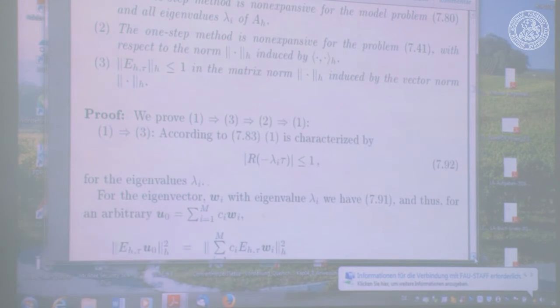But here we have seen that this is equivalent, so meaning we're dealing with a model problem, we're dealing with scalar equations, there's only a number to deal with. And the number which decides whether the solution is growing or not is this number, r of minus lambda i in modulus. So this is just the characterization of the stability for the eigenvalues.